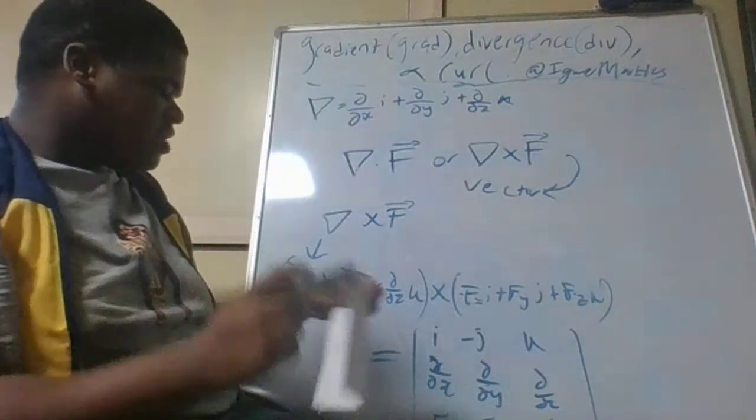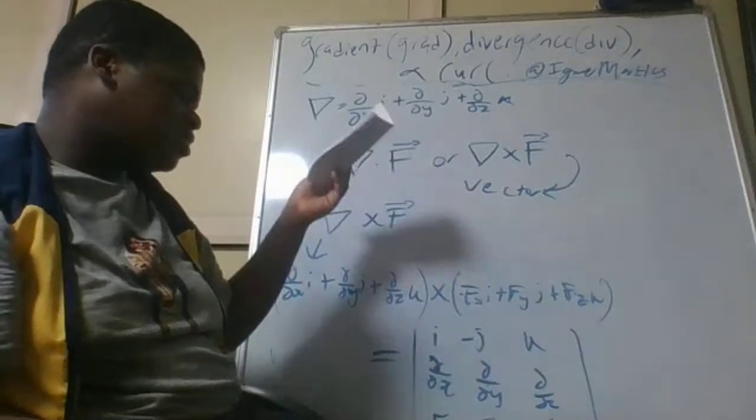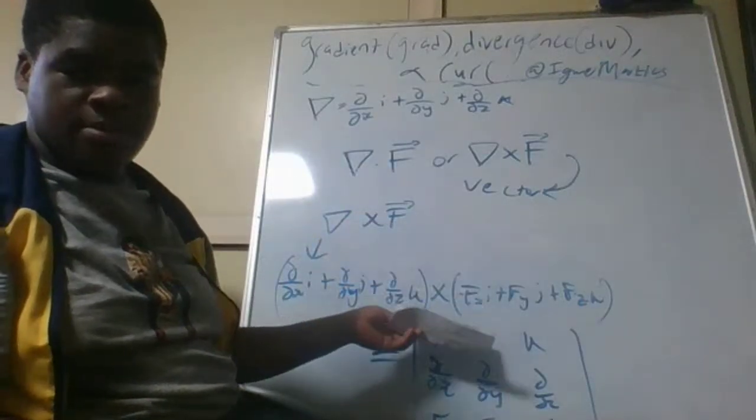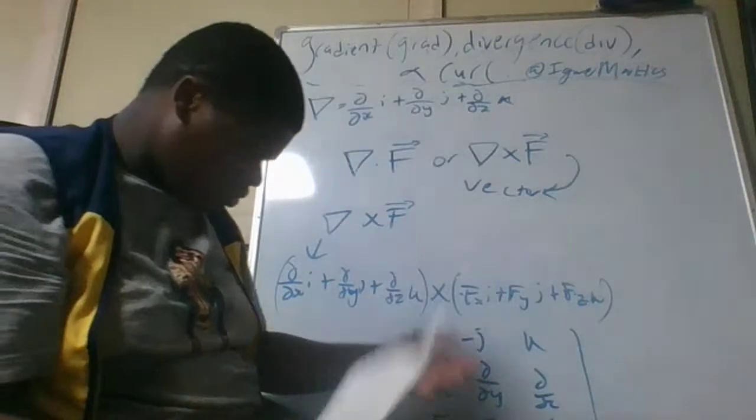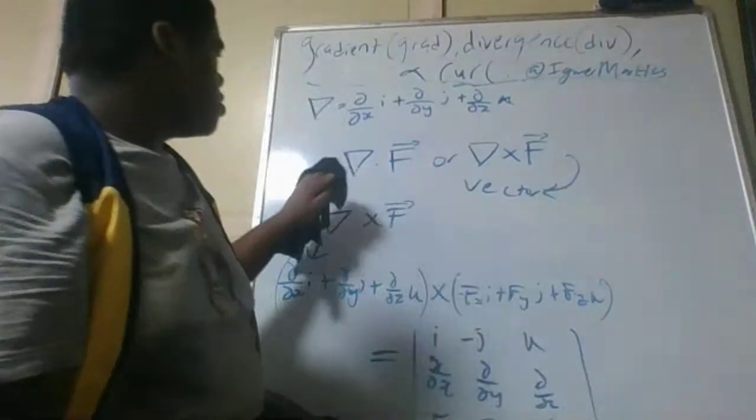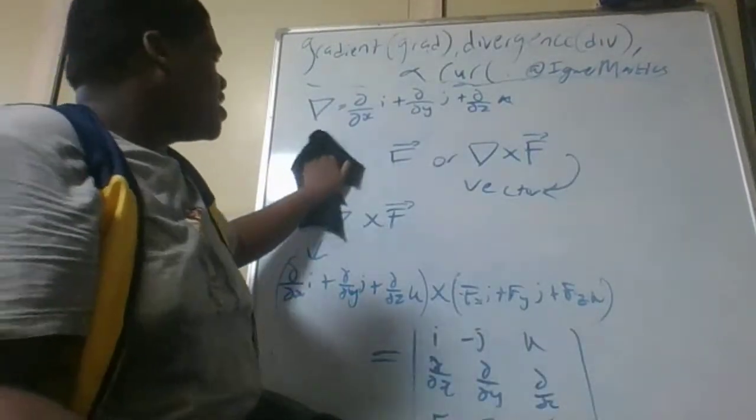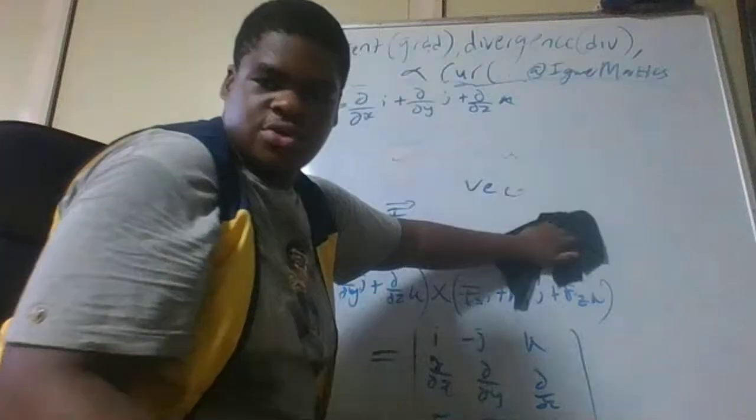If you find the determinant of this, you will get the curl of that vector. With no further ado, let's now solve our questions.